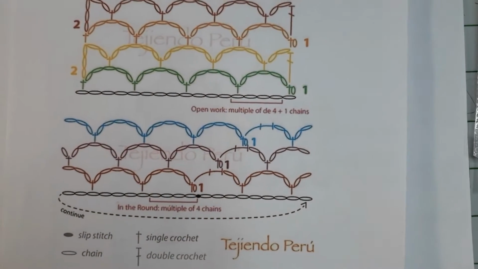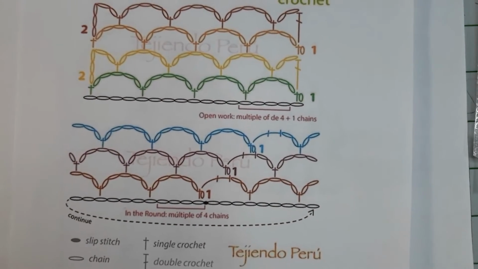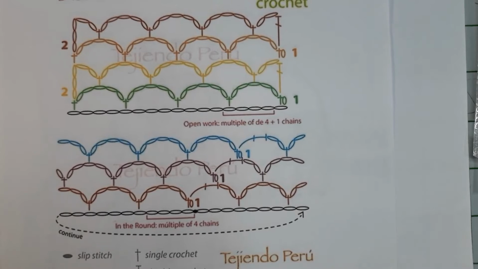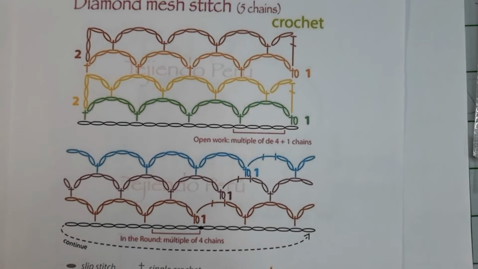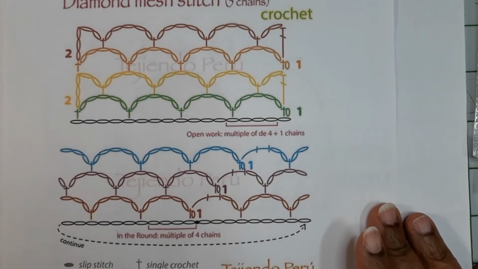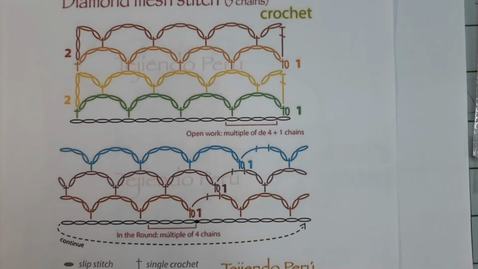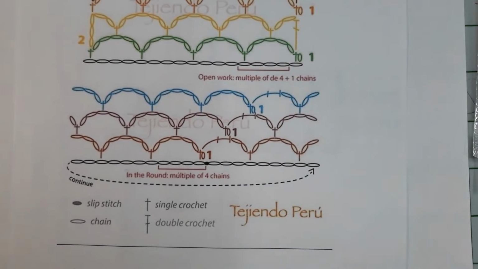My favorite method of crocheting a new stitch that I do not know, I like the diagrams. As you practice, as you become more familiar with crocheting, this might even work for you.